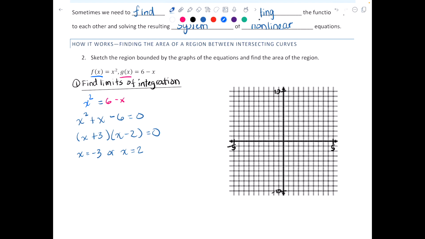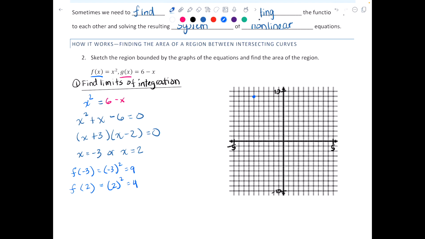So the blue graph, all right, f at negative 3 is going to be negative 3 squared, which is 9. So I'll have 1, 2, 3. I'll have an ordered pair there. And then f at 2 is equal to 2 squared, which is 4.